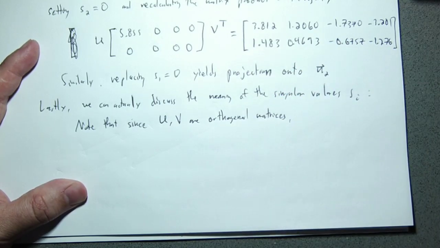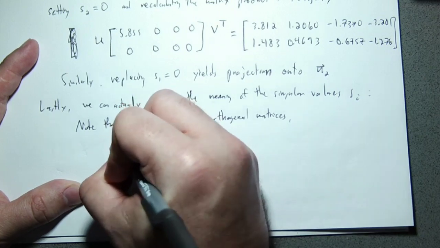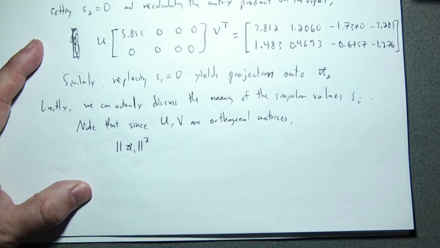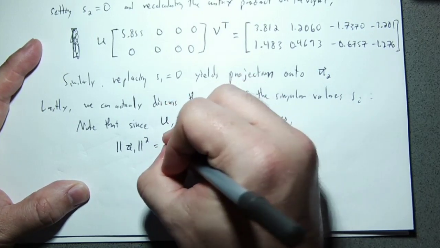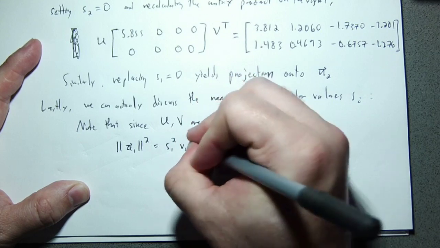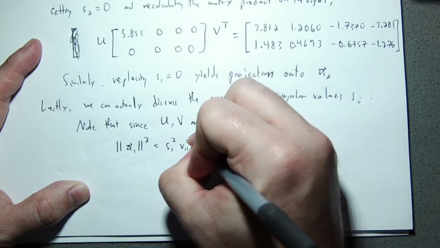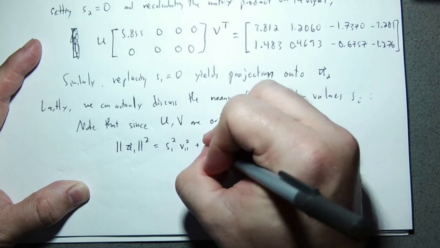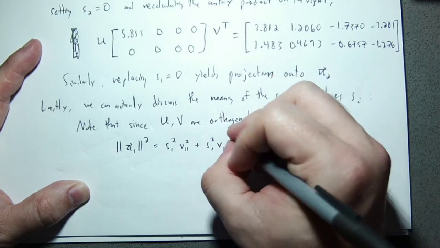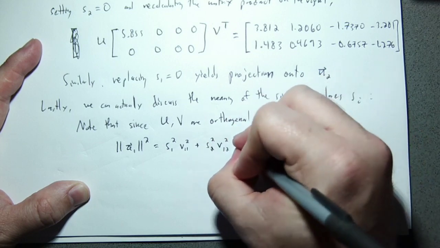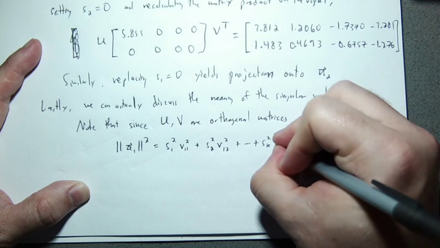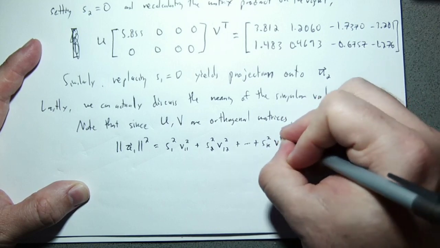if I compute the square of the norms of each of the columns of A, what do I get? This is S sub 1 squared V sub 11 squared plus S sub 2 squared V sub 12 squared, and so on, all the way out to S sub k squared V sub 1k squared.